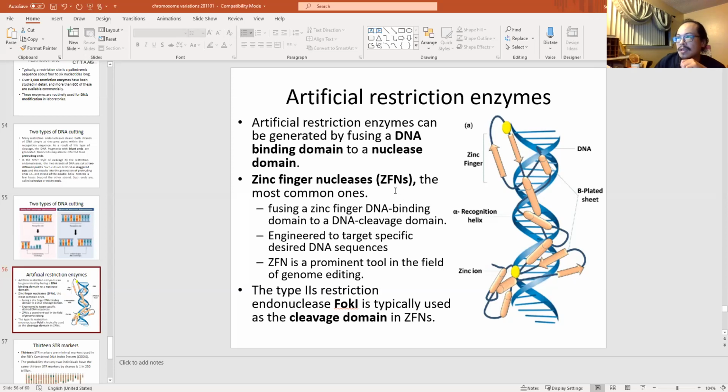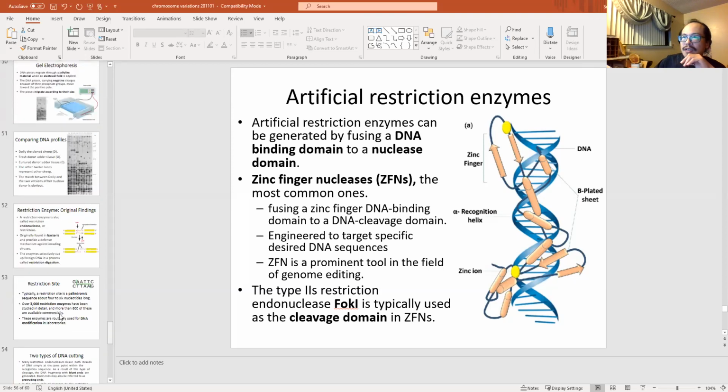In this zinc finger nuclease, they typically use the type 2 restriction enzyme called FokI. There are about 4 types of restriction enzyme. That one binds with this DNA binding domain and can be used to cut the site that we desire to. So that's that. All right.